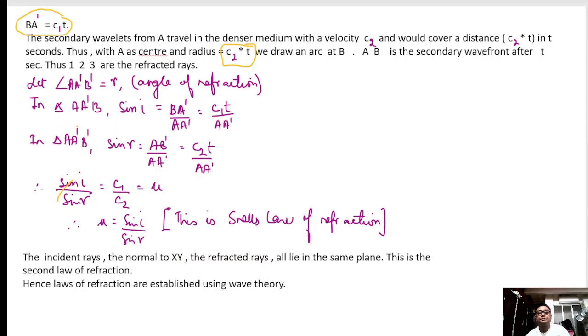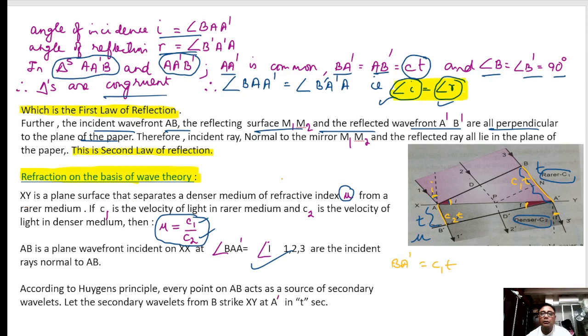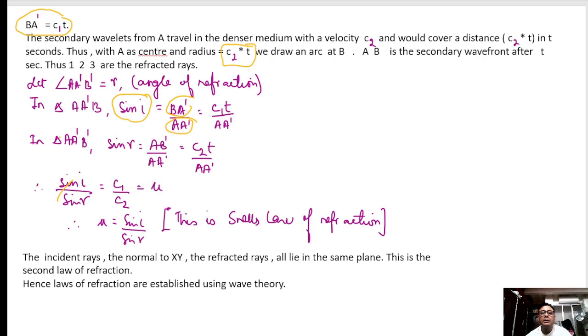That means if I now take sine I, I will take perpendicular by the hypotenuse. So what is sine I? Sine I is the perpendicular B A dash by A dash. It will be C1t by A dash.